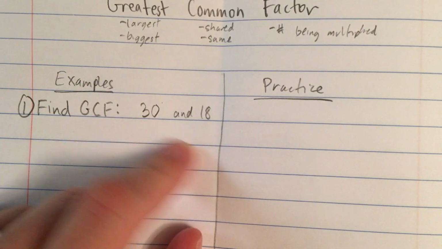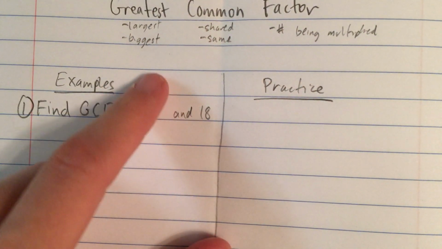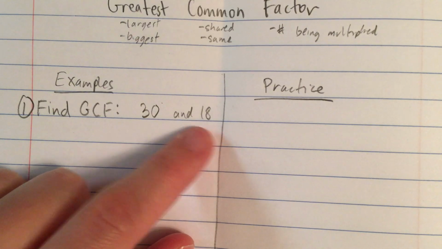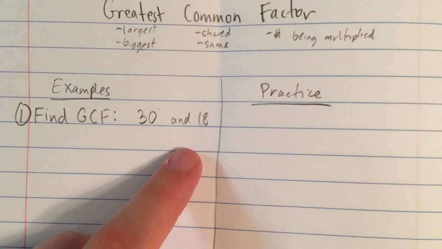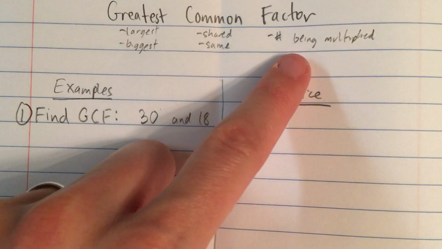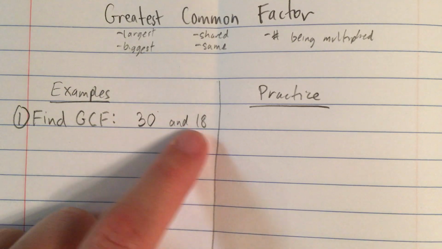So what I need to find is the factor that they have in common that's the greatest. So for example, a factor like 2, they both have a factor of 2, and that's a common factor, but it's not the greatest common factor. I'm looking for the largest number that I can multiply and get 30 and 18.